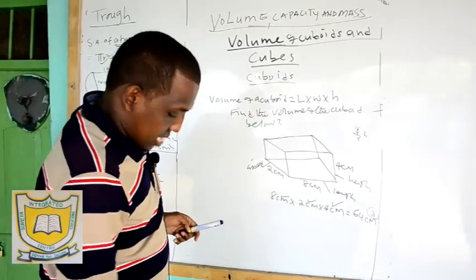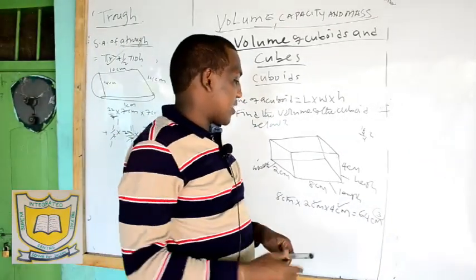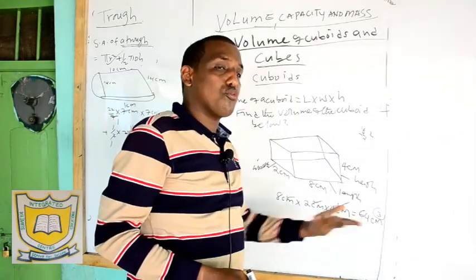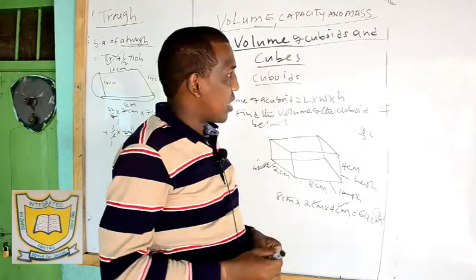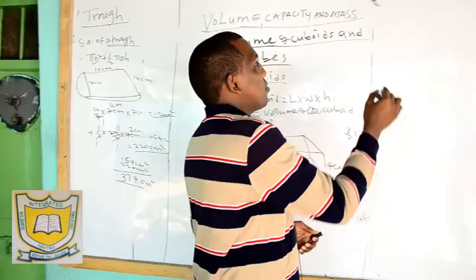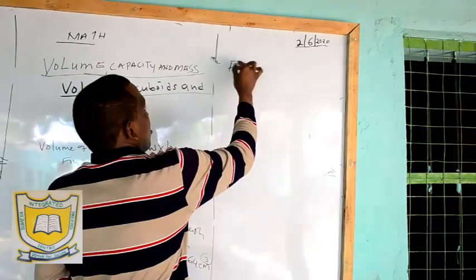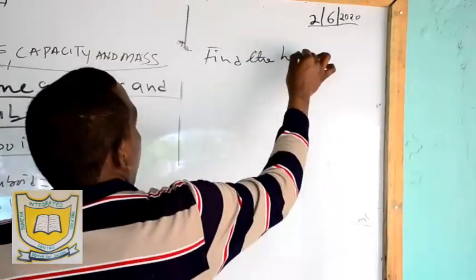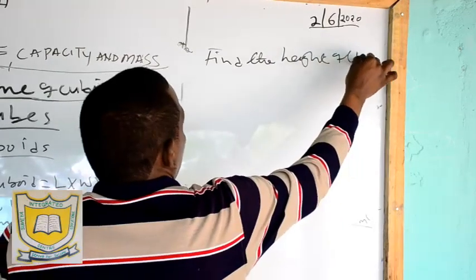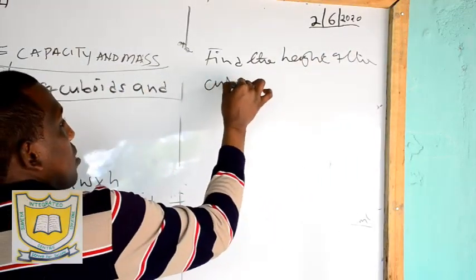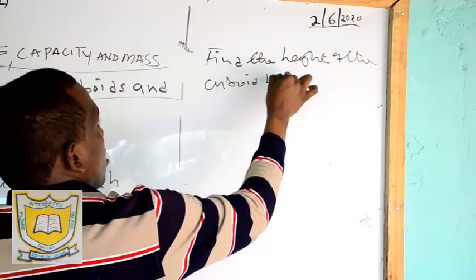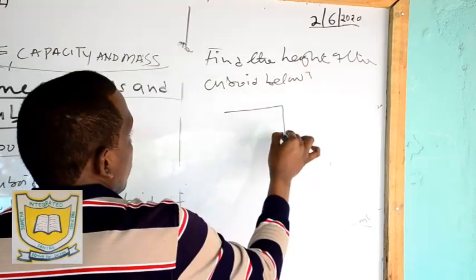Now it is very easy, this one. Let us find now. Suppose you are given sometimes the volume and then they ask the height. For example, they will tell you, find the height of the cuboid below.